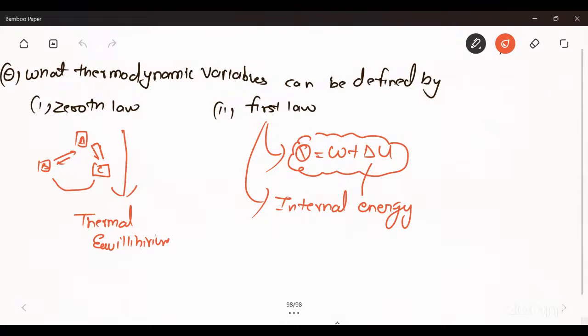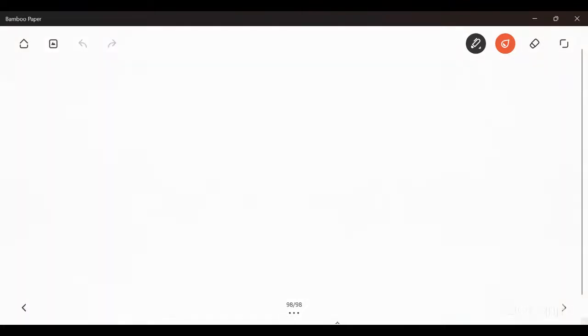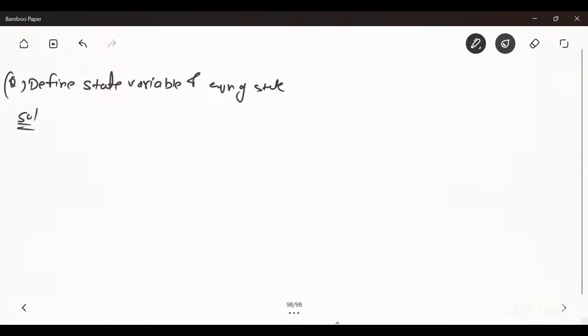Now the next question is: define state variable and equation of state. State variables are pressure, volume, temperature, mass, and internal energy.